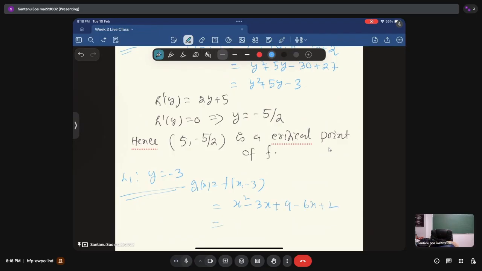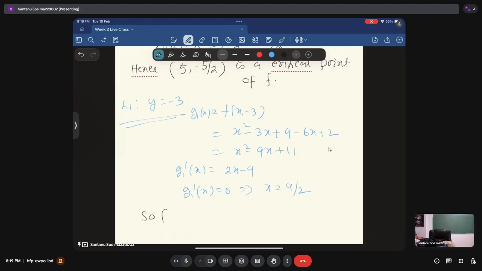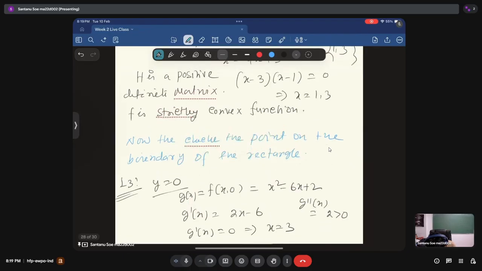So this will be x square minus 9x plus 11. Okay. Then g1 prime of x will be 2x minus 9, and g1 prime of x equals to 0 will imply x equals to 9 by 2. So 9 by 2 comma minus 3 is a critical point of f. Okay, so we are done with L1, L2 and L3 line.